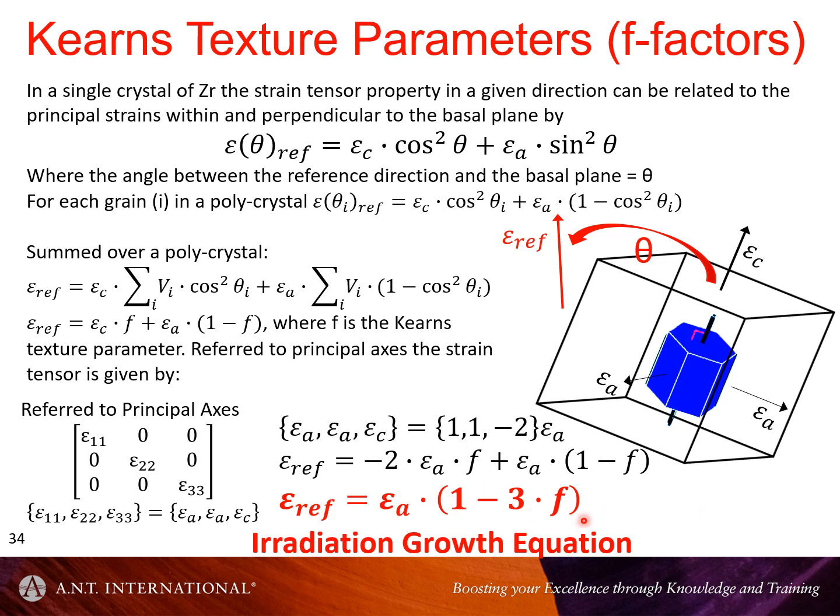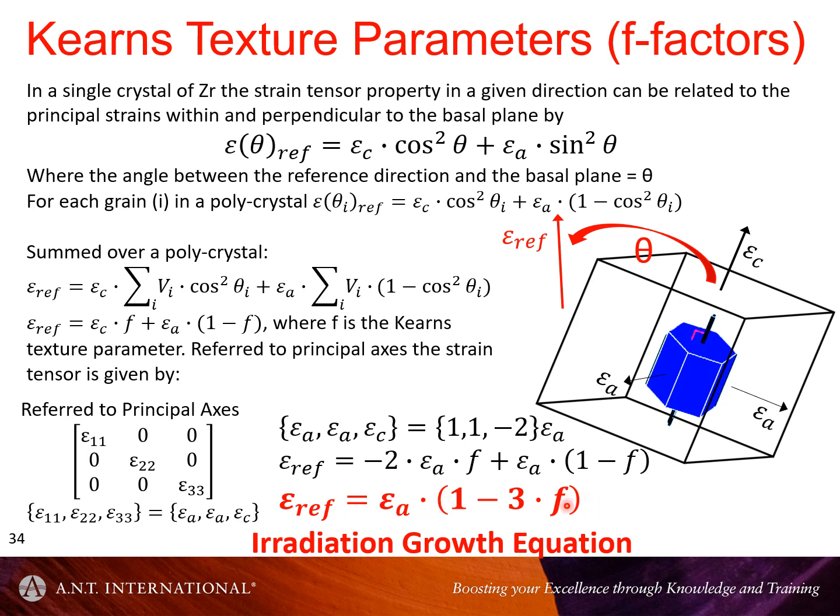So in this example, what I've shown here is a radiation growth, where this is 1, this is 1, this is -2. The growth in the reference direction is given by whatever the single crystal growth strain would be, E11 for instance, times 1 minus 3F.